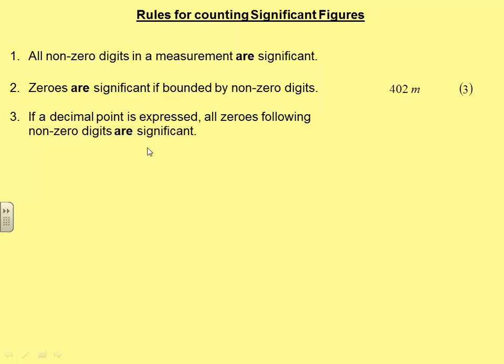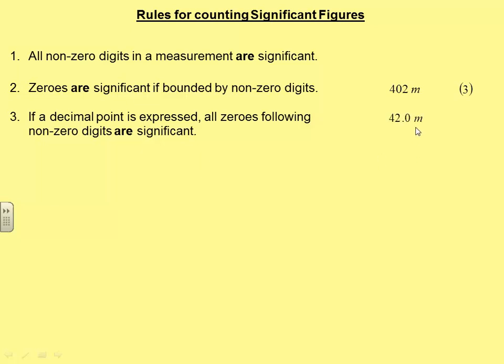Next rule. Oh, and by the way, it doesn't matter how many zeros are in between. If you have a non-zero to the right and a non-zero to the left, all the zeros count. If the decimal point is expressed, so this is where we get into whether or not there's a decimal point in your number. It's not trivial like it is in math class. If there's a decimal point expressed, all zeros following non-zero digits are significant. Remember that we read numbers from right to left, so following means to the left of a non-zero digit count.